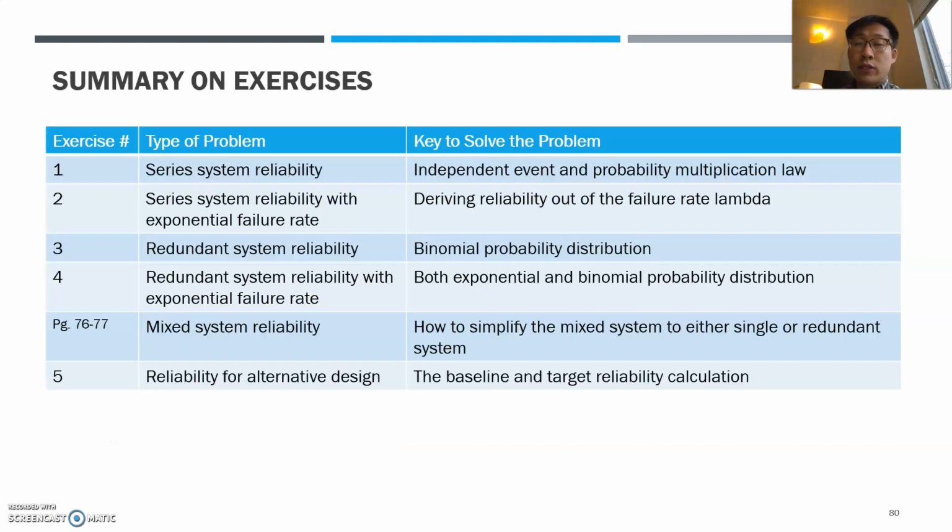So this kind of captures the key to each type of exercise we've done together so far: system reliability with exponential failure rate, redundant system reliability and redundant system failure rate, redundant system reliability with exponential failure rate, which is again the same thing. For mixed system reliability, I did not make it an exercise, but this is very simple, so I left it as just a slide. And then we looked at the reliability for alternative design.